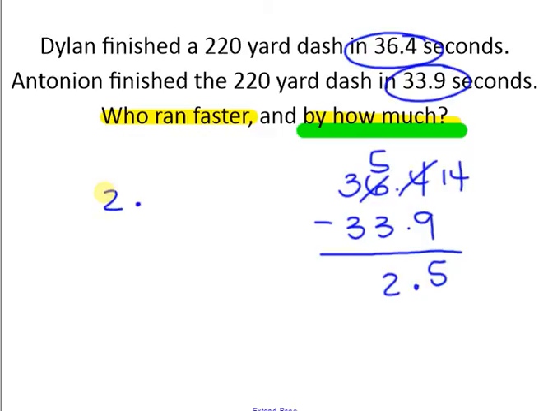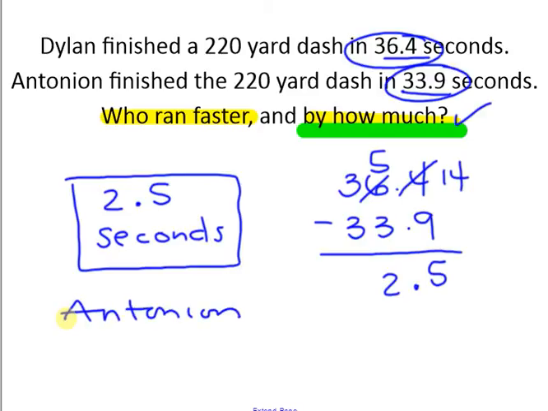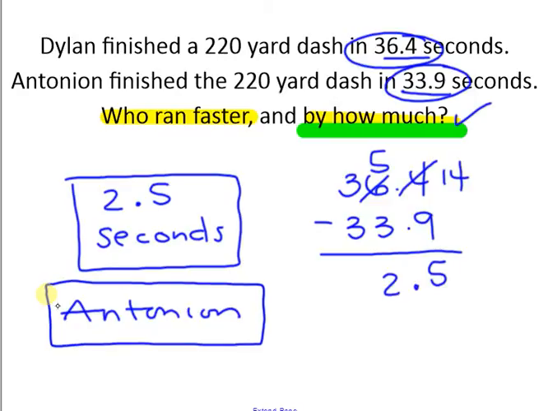So the difference was 2.5 seconds, but my question was asking me two things. Who ran faster and by how much? I answered by how much, but who ran faster? So now compare them. Which is the smaller decimal? Antonian ran faster by 2.5 seconds.